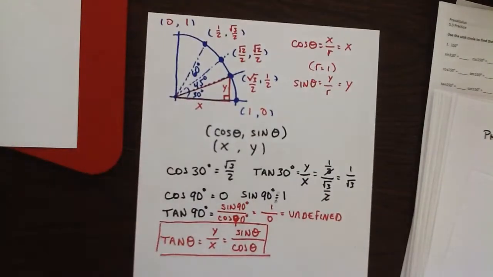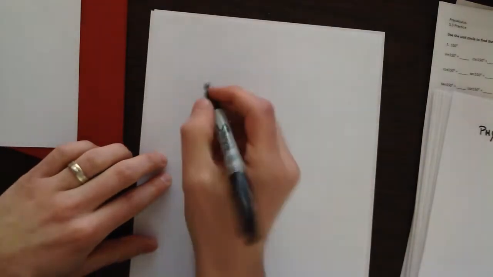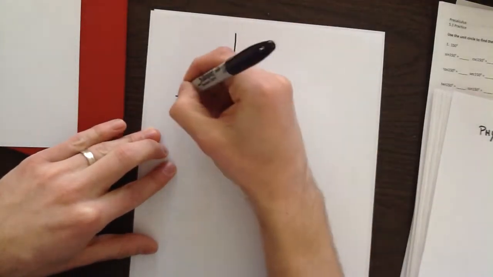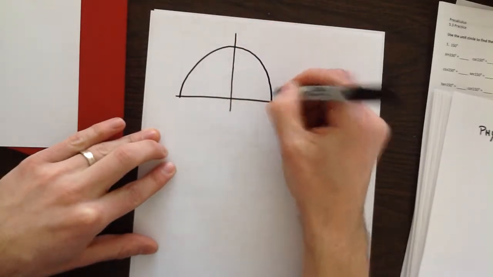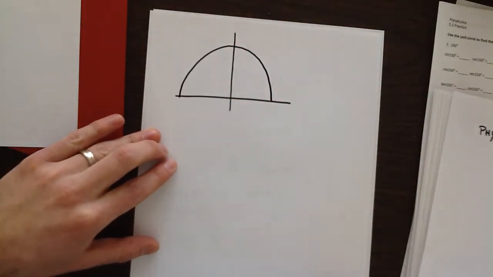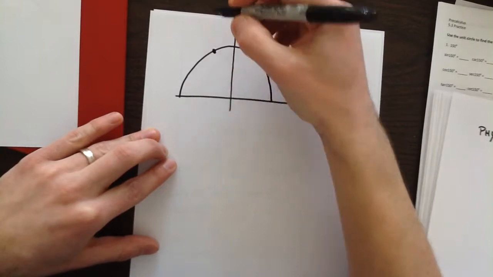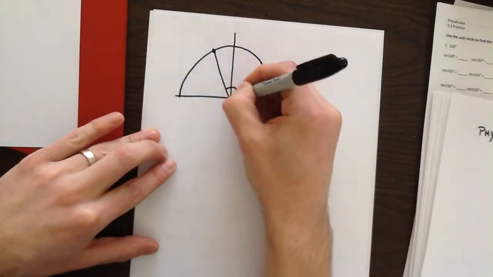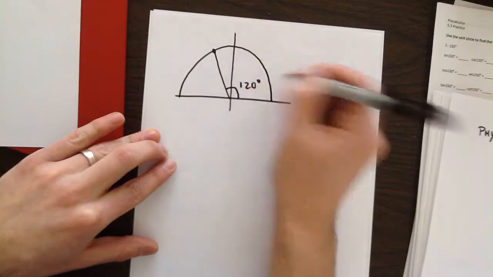Now we've got quadrant 1. Let's do quadrant 2. Let's take 120 degrees.